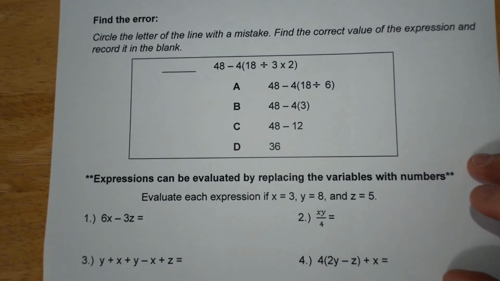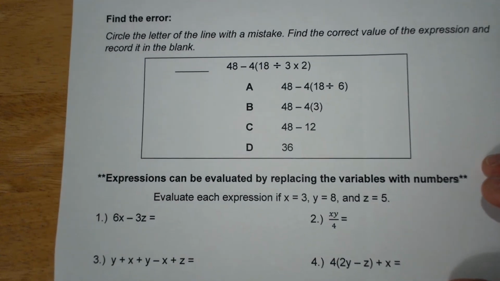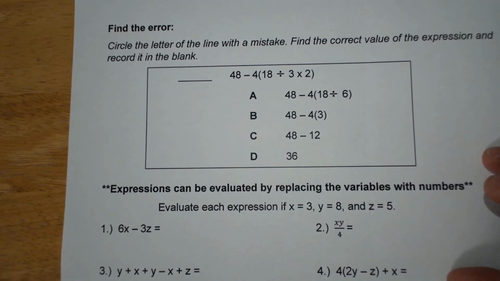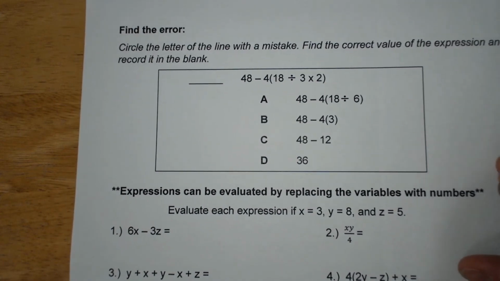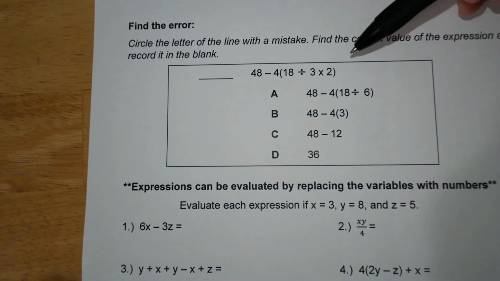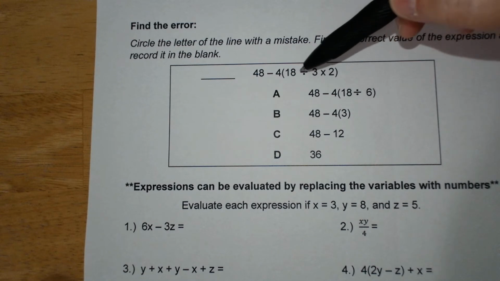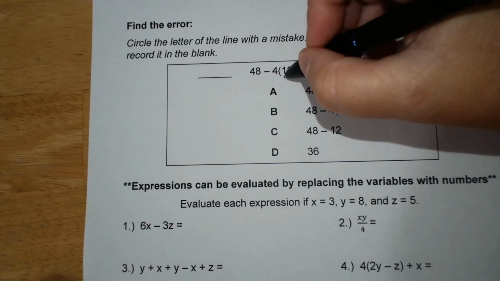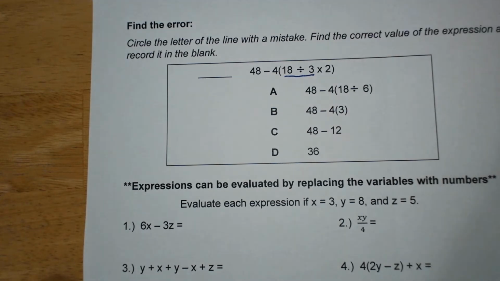Find the error. You're going to have to figure out where they made the mistake. So, if I did this problem, the first thing I would do is look inside this parentheses, and it's multiplication division as it appears from left to right.